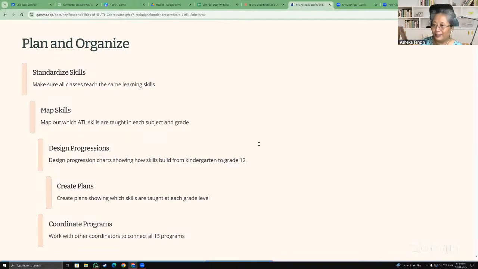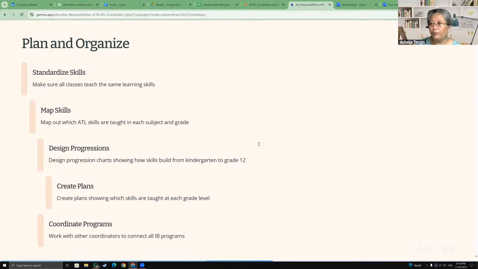So in grade 6, what skills are taught in English, humanities, Hindi, French, Spanish, science, math, art, design, PHE? How you're teaching those skills has to be in that document.